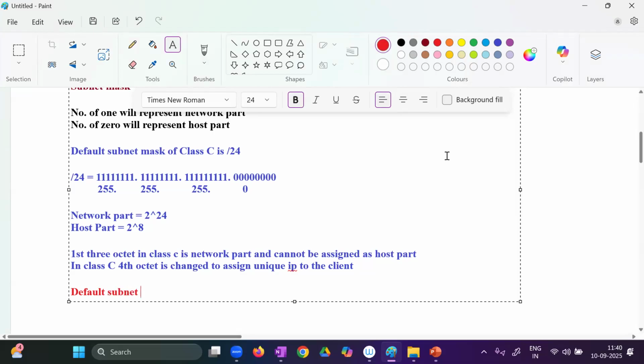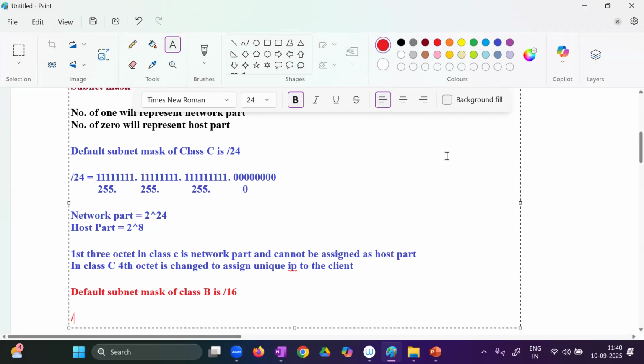Default subnet mask of class B is 16, right? How will we write that 16? 1, 2, 3, 4, 5, 6, 7, 8. 1, 2, 3, 4, 5, 6, 7, 8.